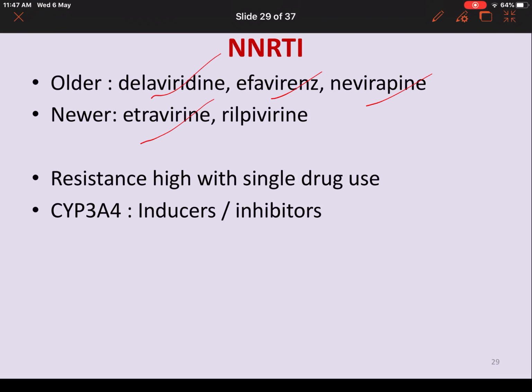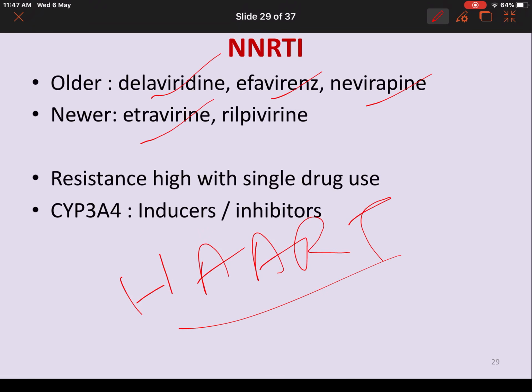When we look into the treatment, we'll understand none of these drugs are used singly, either NRTIs or NNRTIs. They are usually given in combinations. When we look into the HAART regimen, which is used in the treatment of HIV, we'll see what the combinations are.